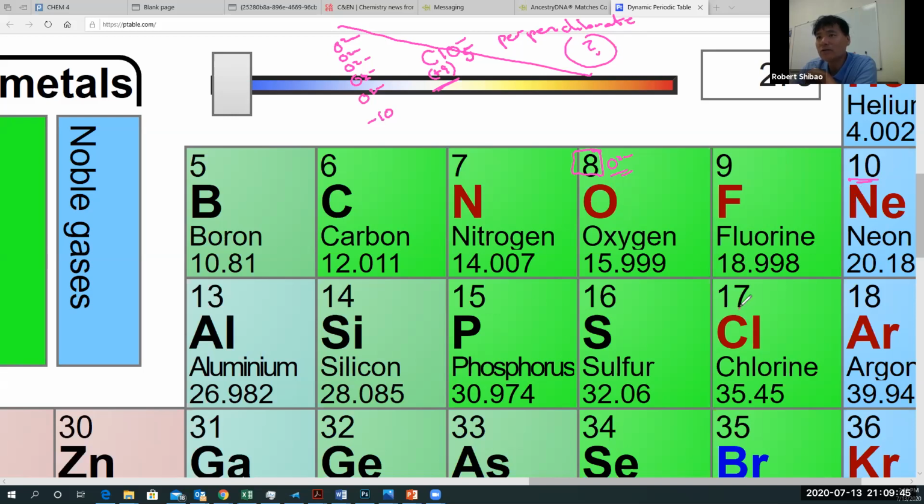So chlorine can lose 7 to be like neon, or it can gain 1 to be like 18 argon. And so what we're going to see is the charge on chlorine is going to vary from -1, so it's like argon, to +7, so it's like neon, but losing 7 electrons isn't so easy for chlorine. So this is why we see +1, +3, etc. We see different charges to make it a little easier, because sometimes it's not as easy to lose that many electrons.